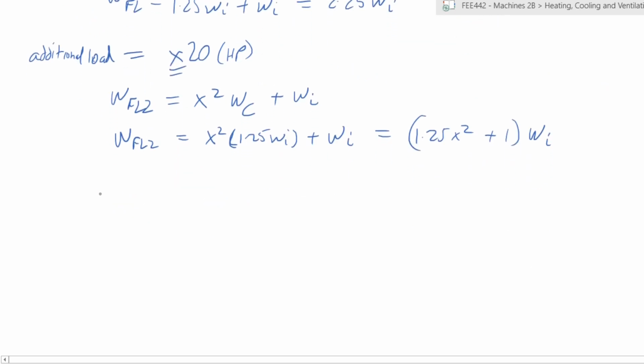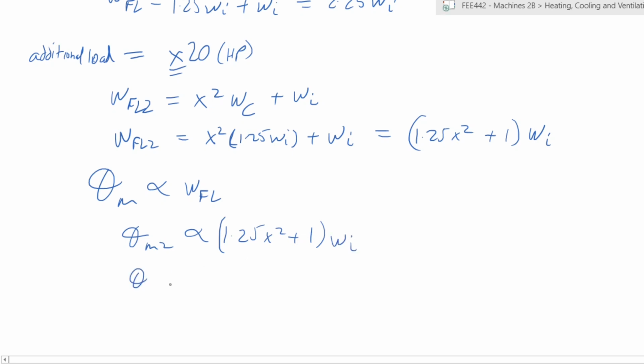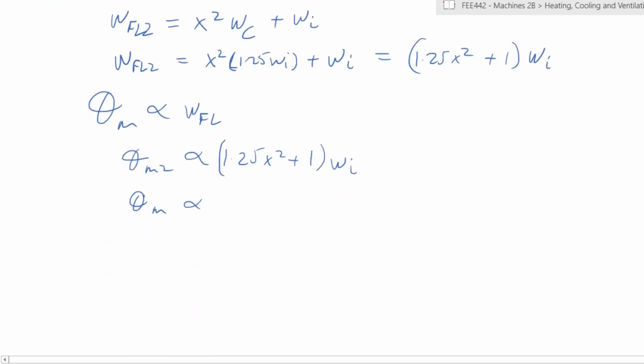Now, we know that our maximum steady state temperature rise is proportional to our full load losses. So this means that our theta m at the second state is proportional to 1.25 X squared plus 1 WI, in the same way that theta m is proportional to 2.25 WI.